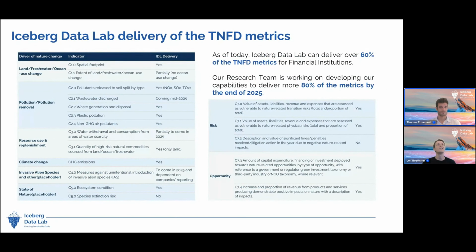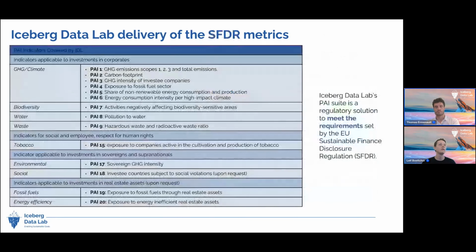So here we see very directly what data points that are required in TNFD we already respond to today. And by the end of the year, that should be almost all of them. And then we also have a little overview of SFDR, where we have very good coverage as well. So 2 reporting frameworks where Iceberg can help.